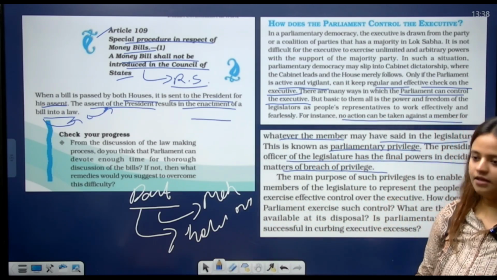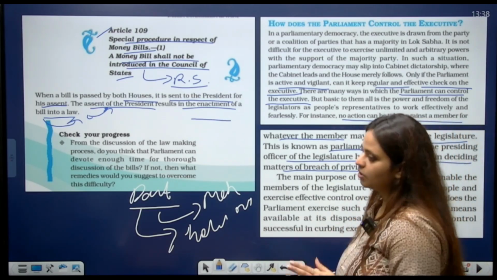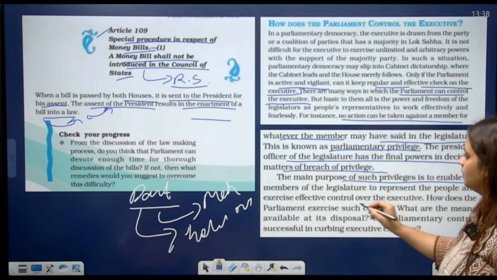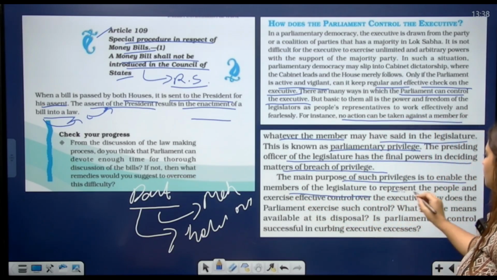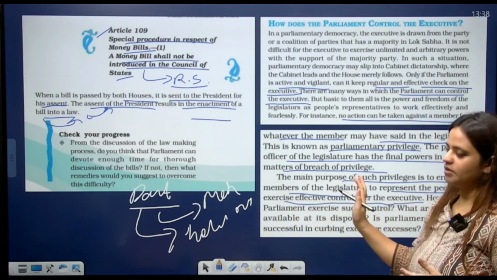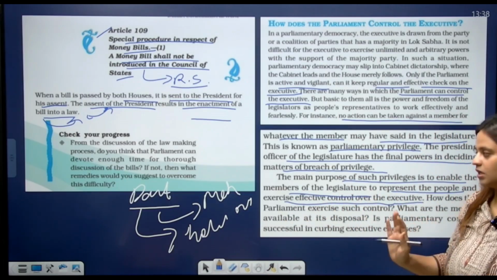They can say anything in the legislature, and action cannot be taken upon it. The purpose of such privilege is to enable the members of the legislature to represent the people and exercise effective control over the executive. So it is basically done for effective control over the executive.